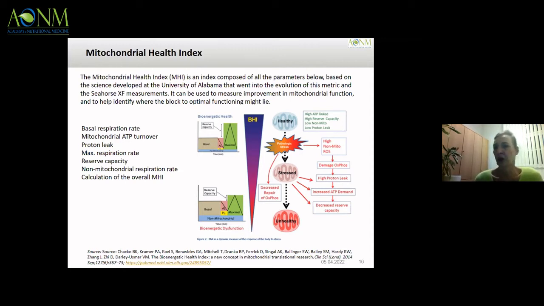Perhaps they also have a high proton leak, so the oxygen is turned into oxygen radicals, which might again damage the proteins, the lipids, and the mitochondrial DNA. At the first stage, stressed mitochondria also have an increased ATP demand, which they can't deliver.